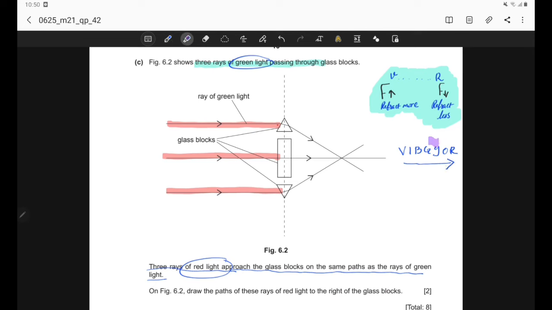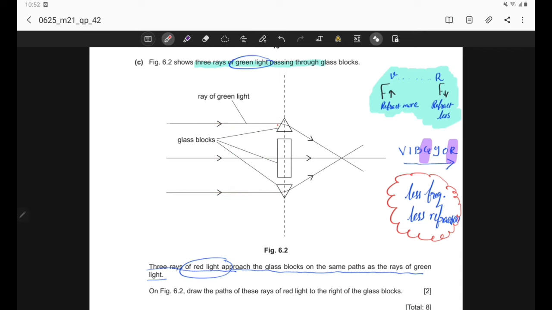So we can understand that green has more frequency comparing to red, or red has less frequency comparing to green. So less frequency means less refraction. So red color has less frequency, so it will refract less or bend less comparing to the green ray.